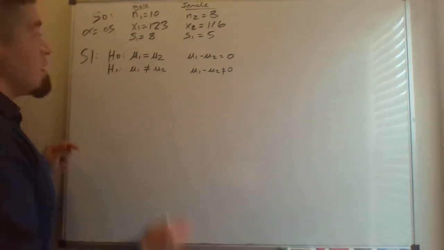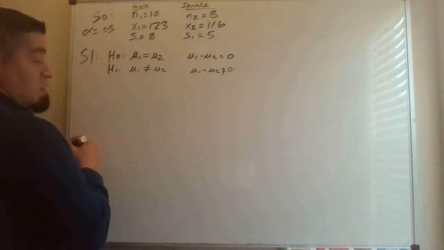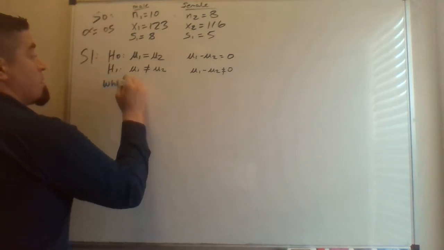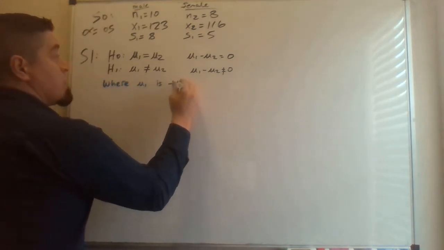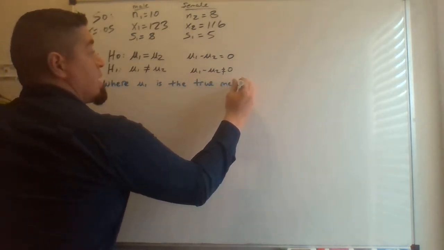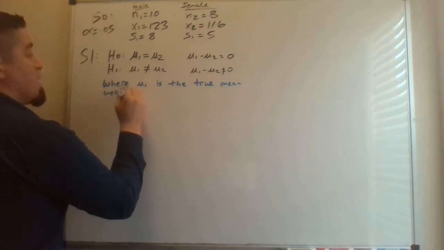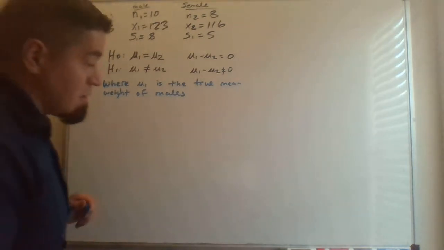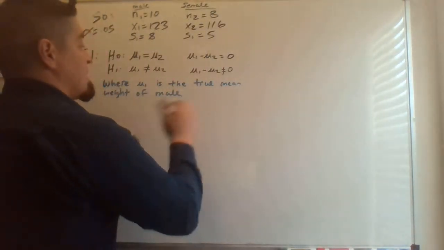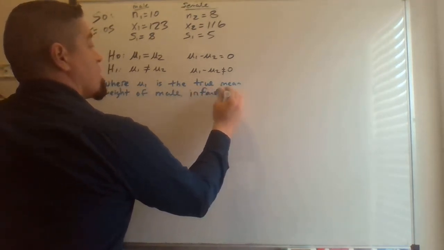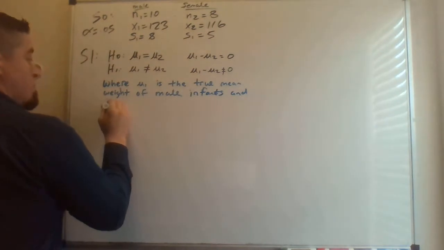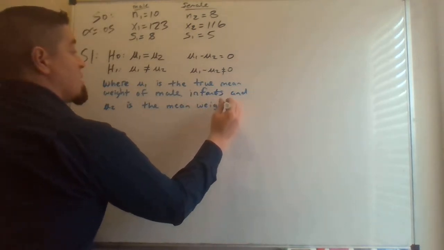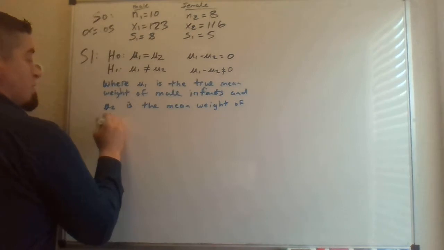Equivalent statements. Now you do want to say something about what these are, so you would say maybe where mu1 is the true mean weight of male infants, and mu2 is the mean weight of female infants.